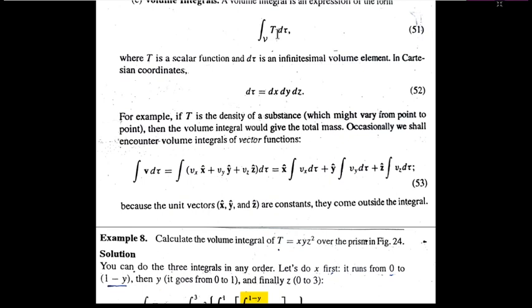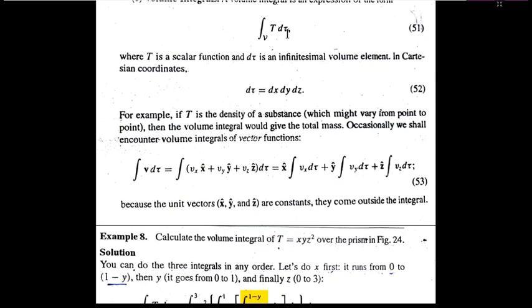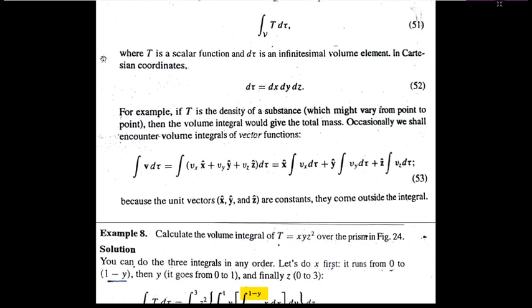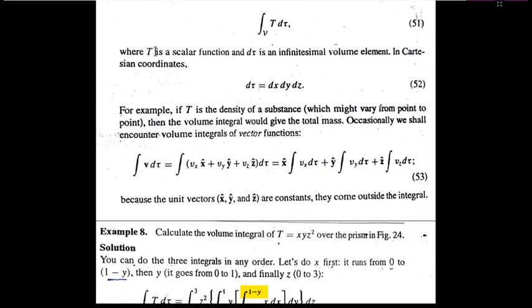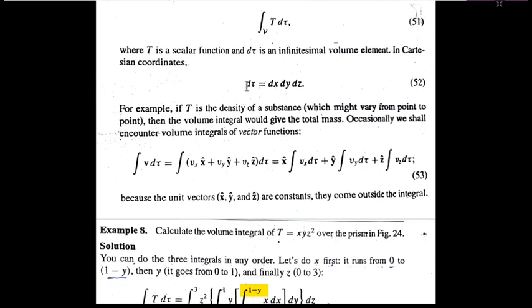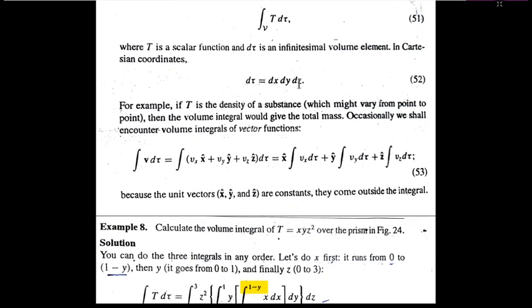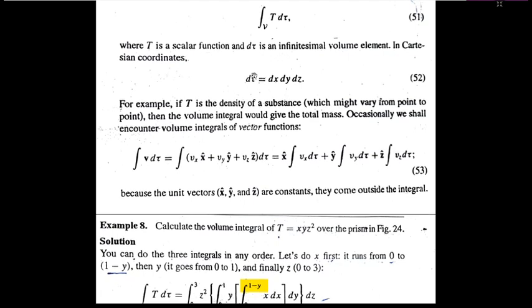So t d tau will give us the infinitesimal volume multiplied with the scalar function t. So here d tau will be written as dx dy dz, so it's an infinitesimal volume.